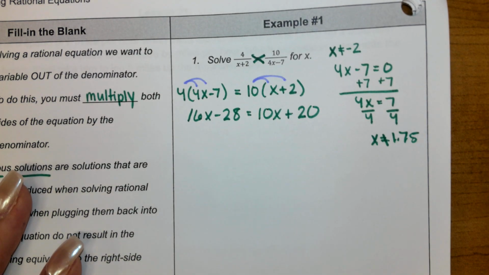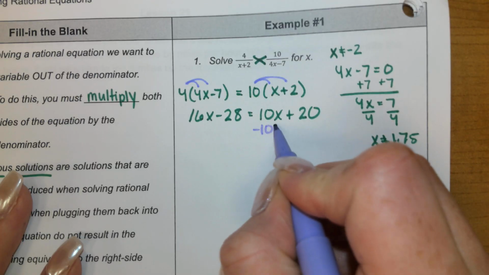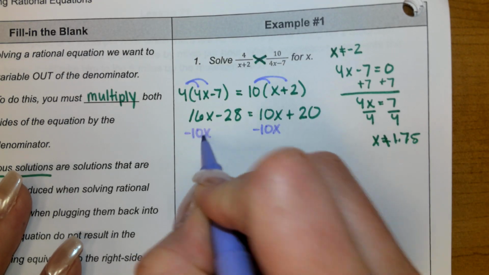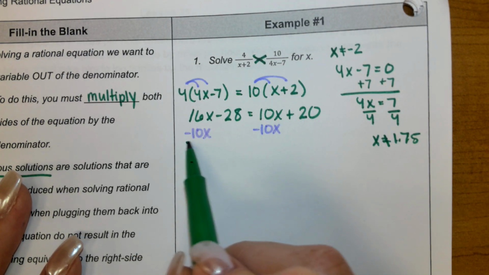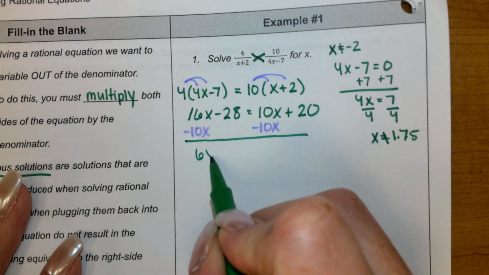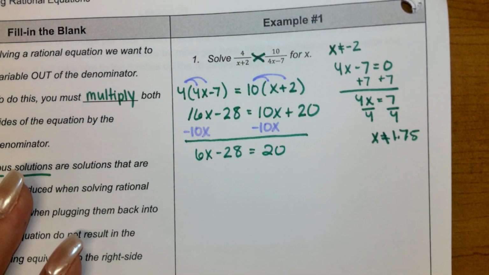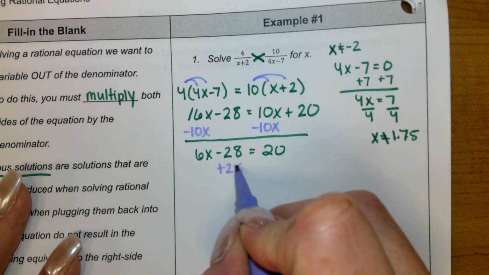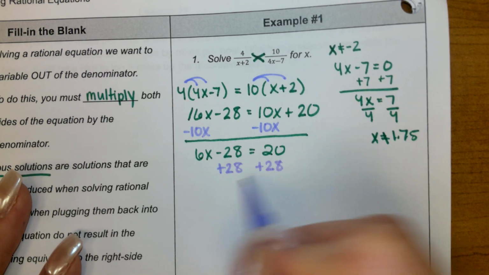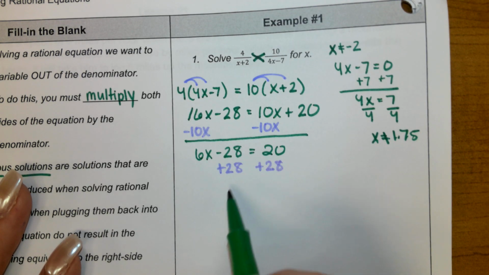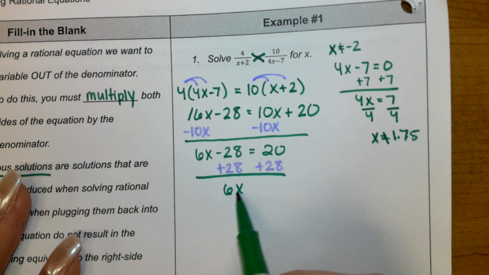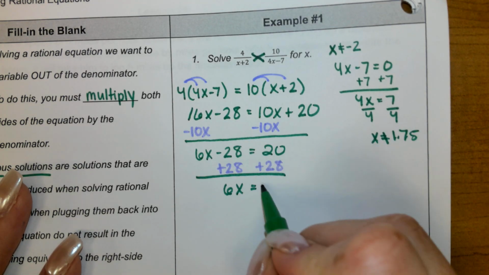Okay. Get my x's together on one side by subtracting 10x. 6x minus 28 equals 20. Add the 28 over to get my constants together. 6x equals 48.